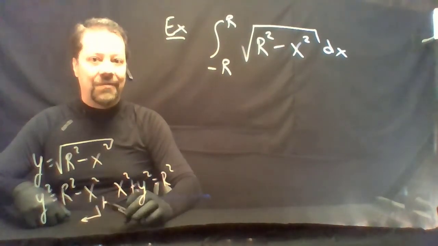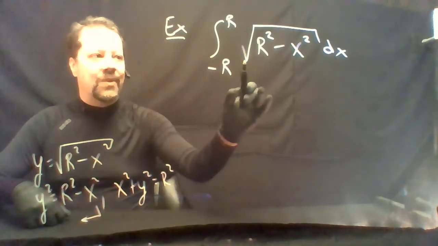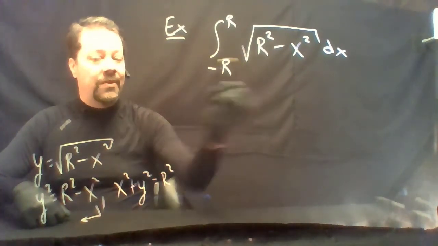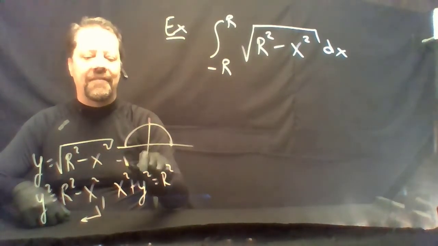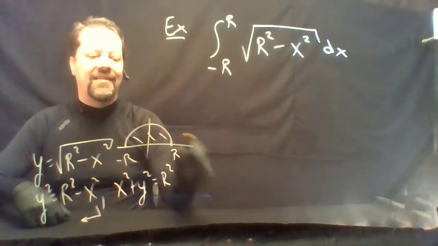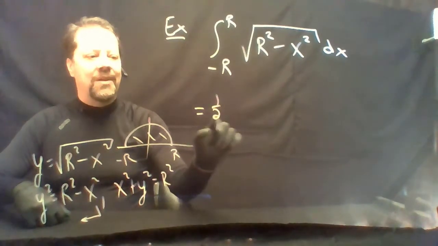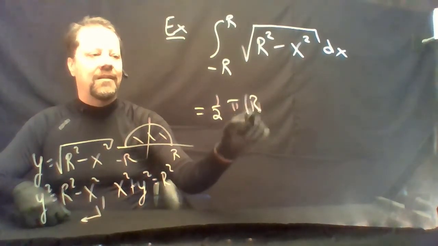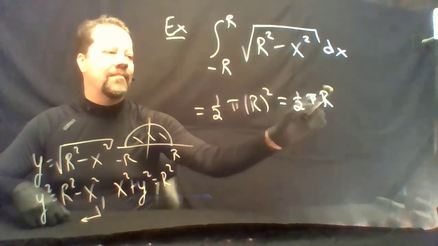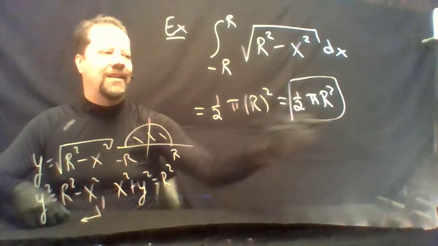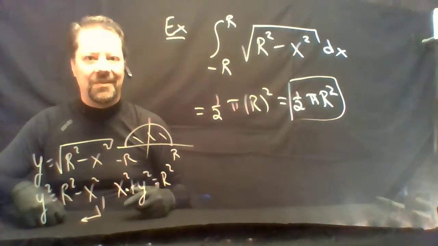You know that that's the formula for a circle, but since we're using the principal square root, which is the non-negative one, we're only getting the top half. So we know the answer should be 1/2 pi r squared. 1/2 pi r squared is the value for this integral.